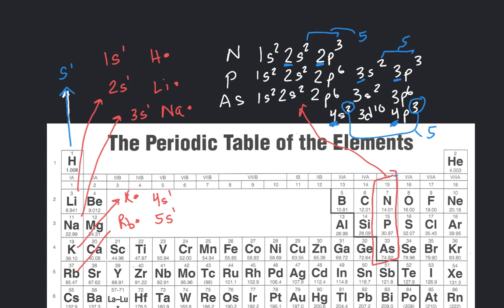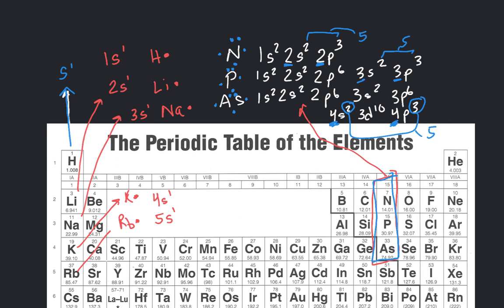So everybody in group 15 has 5 valence electrons. When you draw their electron dots, it's 1, 2, 3, 4, 5 for nitrogen, 1, 2, 3, 4, 5 for phosphorus, and 1, 2, 3, 4, 5 for arsenic. I kind of crammed those in there, but they have the same number of valence electrons, 5 apiece.